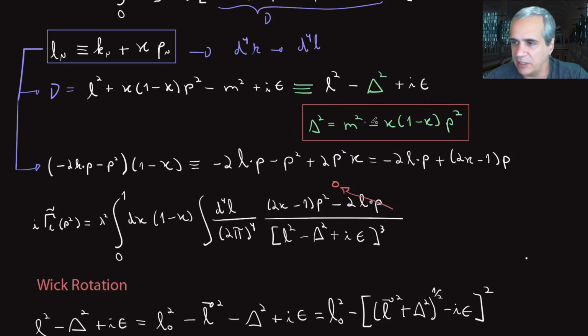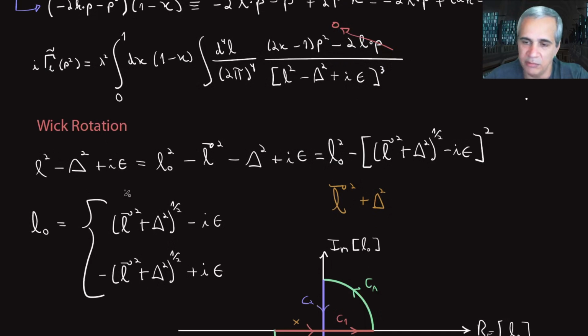Negative is okay, because then these will all be positive and delta is positive. But if this is positive and big, bigger than, as this x minus, we'll do this analysis more carefully later on, but this thing is limited between 0 and 1/4. So if p squared is bigger than 4m squared, then this can be negative. And of course, L is also being integrated, and the vector L goes very close to 0, so this can become negative and complicate things.